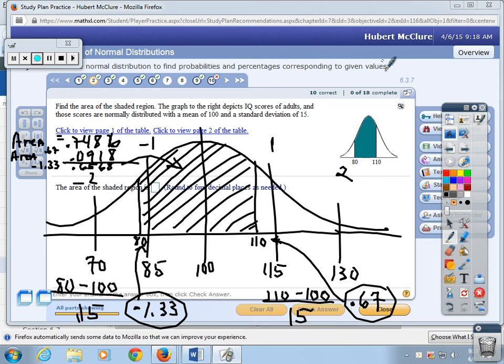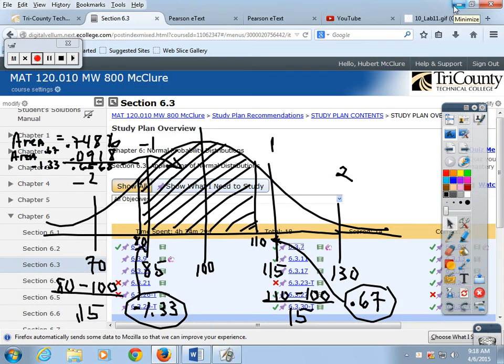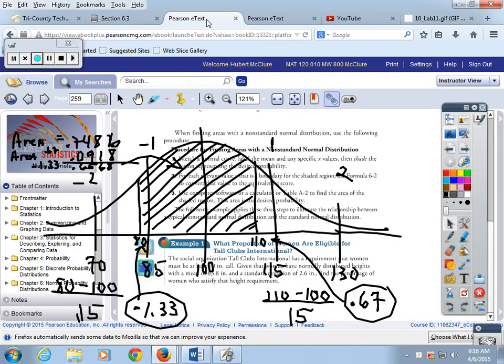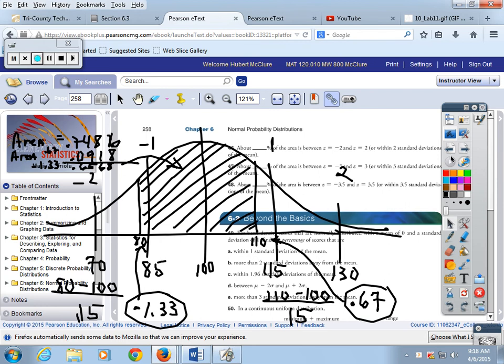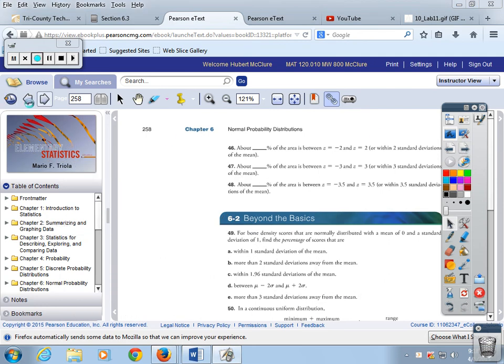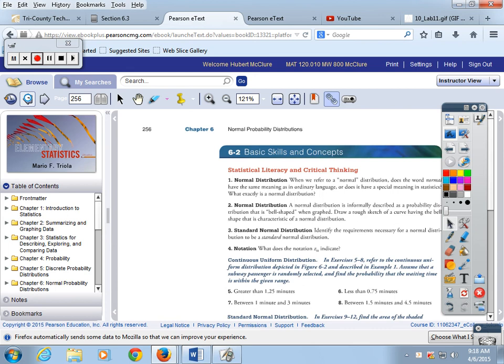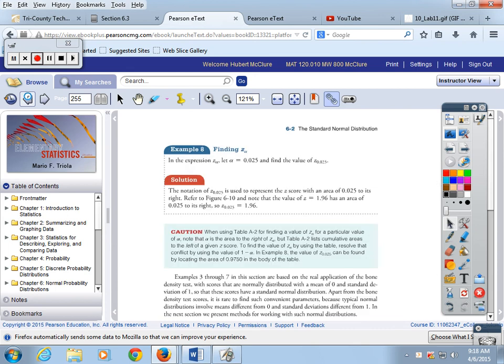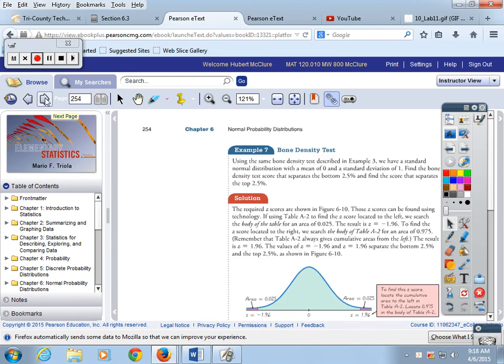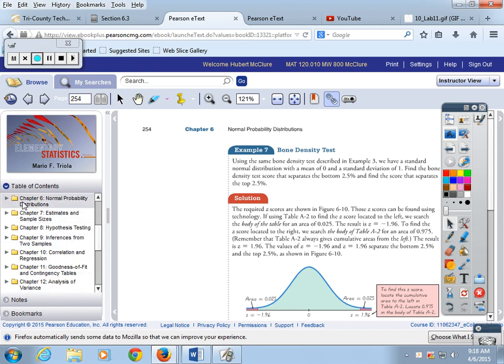Now, right quick, everybody get your calculators out. Now, in your calculators, you can do the same thing. It says it somewhere in here. I got to find it. I don't even know what section I'm on right now. Let me go to 6.2. It should be in 6.2.